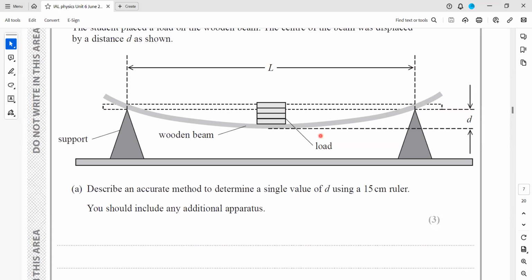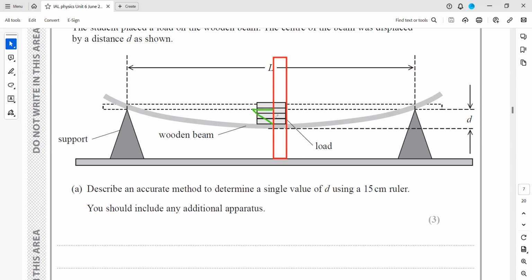So if we want to measure the height, the length, by a single measurement, we keep the position the same. Then we can place a 15 centimeter ruler here, and as additional apparatus we can use a set square. So first a 15 centimeter ruler, and next to that we'll place a set square.